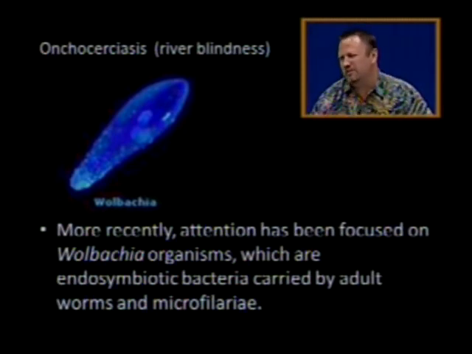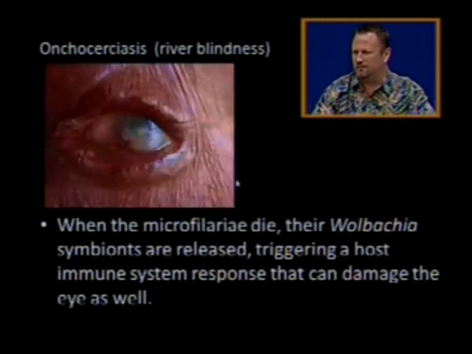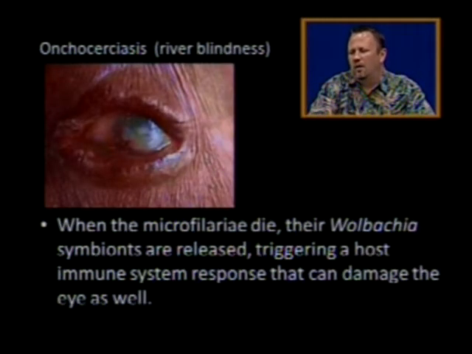More recently, attention has been focused on Wolbachia organisms, which are endosymbiotic bacteria carried by adult worms and their microfilariae. When the microfilariae die, the Wolbachia symbionts are released, triggering an immune system response that can damage the eyes as well.